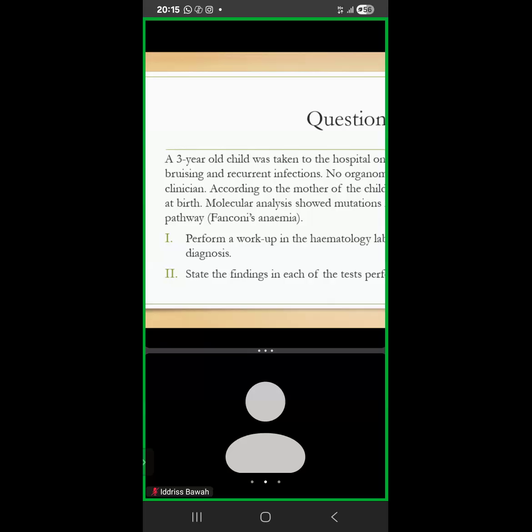Myelodysplastic syndrome is where you find genetic aberrations, different cytogenetic aberrations, including deletion 5q. PNH is not a clonal disease, so you may not find any aberrations.